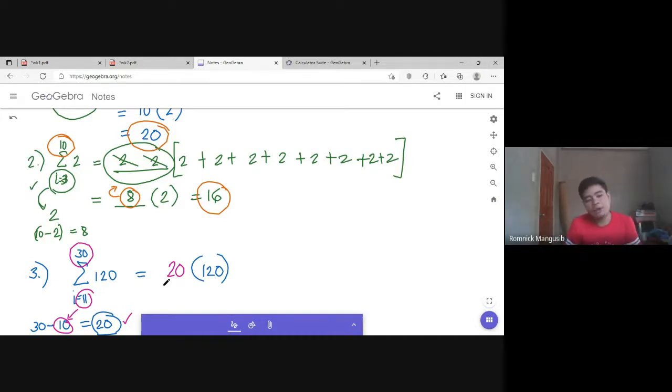At tatanggalin mo ang 10, 20 kasi nag-start ang counting mo sa 11. So, 120 times 20 is 2,400. The answer is 2,400.